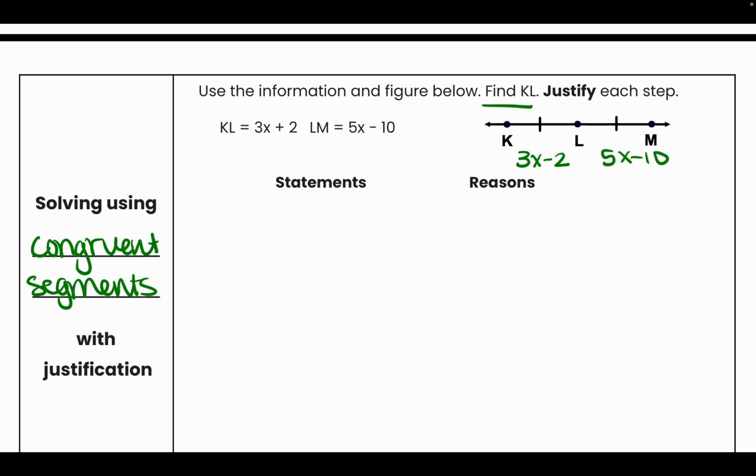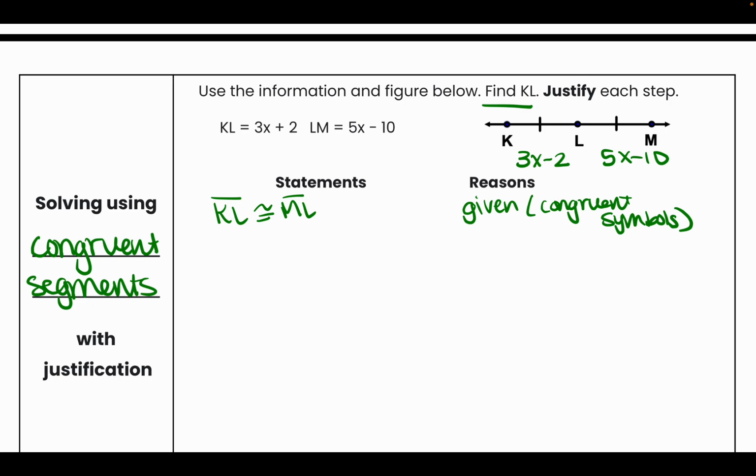From our figure, we know that these two segments are congruent. So we know that KL is congruent to ML. And that is given to us from our picture, from our congruent symbols.